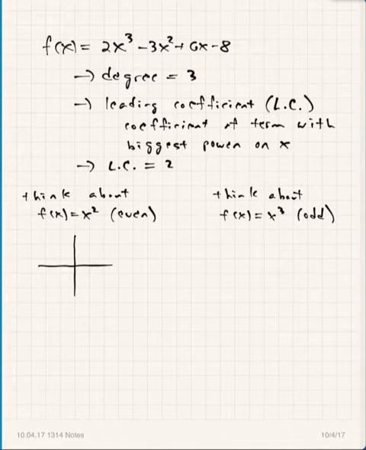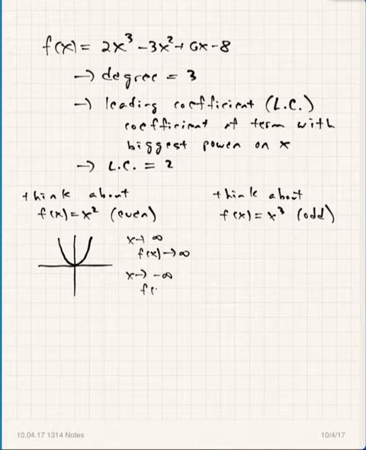What is x squared? What does its end behavior look like? There's x squared like that, and the end behavior is that as x goes to infinity, f of x goes to infinity, and as x goes to negative infinity, f of x also goes to infinity. Or you could abbreviate that with this little coordinate system that I've been sketching, and the graph looks like that.